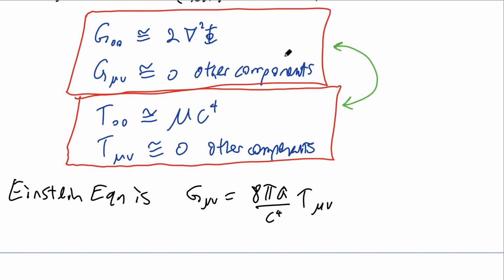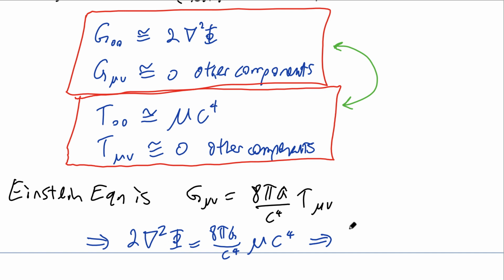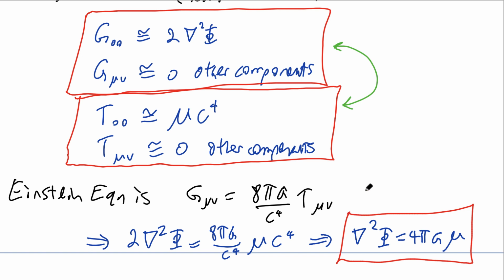And these results tell us that only the 0, 0 component is significant, and that is 2 del squared phi equals 8 pi G over c to the 4th power times mass density times c to the 4th. In other words, this is del squared phi equals 4 pi G times mu, Poisson's equation for Newtonian gravity.